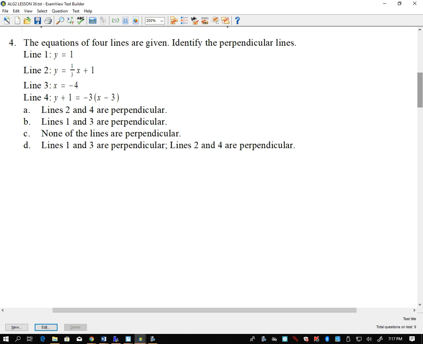All right, number 4. The equations of the 4 lines given, we want to identify the perpendicular lines. So we want slopes that are perpendicular. Y equals 1. We've talked about this. What kind of line is y equals 1? Well, hopefully we understand that that's a horizontal line.